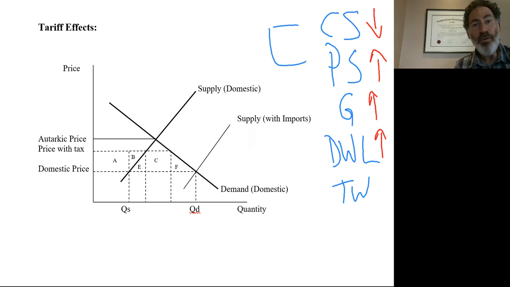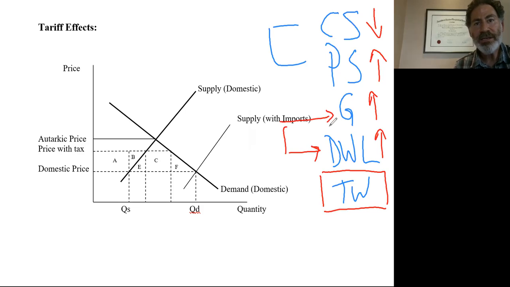Now, overall, what is the effect on the total welfare or the national welfare? It doesn't always go down. Don't think there's deadweight loss, so it goes down. What it comes down to is the effect of the deadweight loss versus the government tariff revenue.